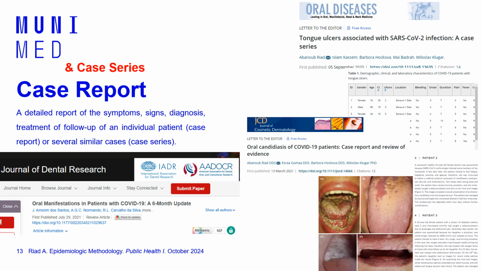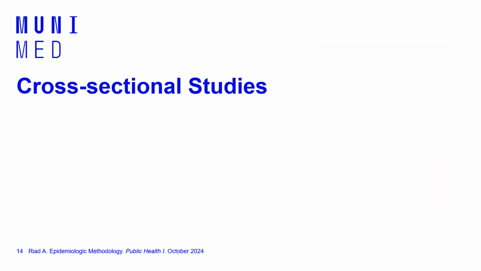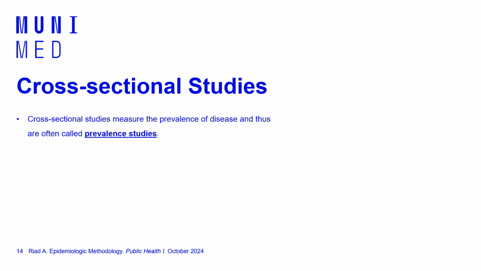Okay, so let's see the other types of study designs that we use in epidemiology: cross-sectional studies. Cross-sectional studies are the first example of analytical observational studies, because they can give an explanation for the reason of illness. The other terminology used earlier for cross-sectional studies is prevalence studies.